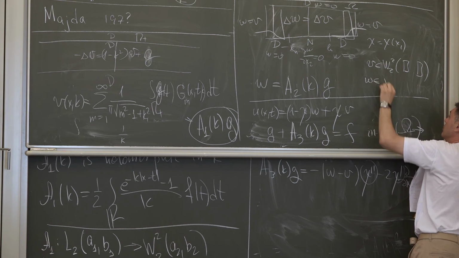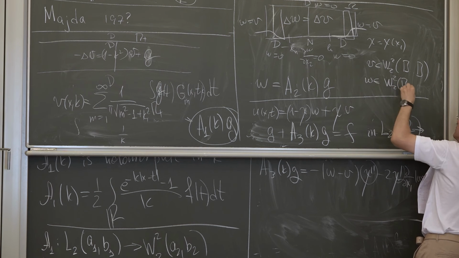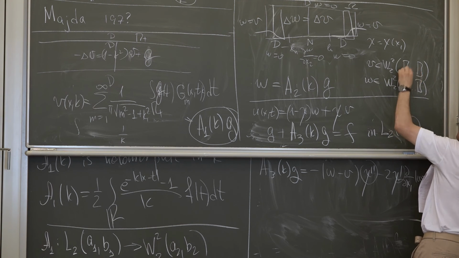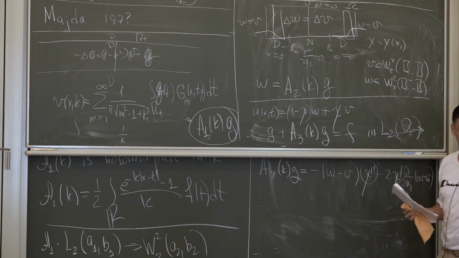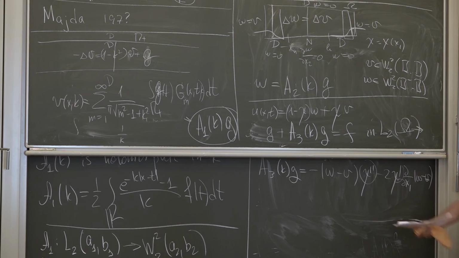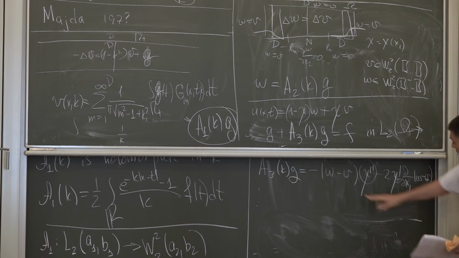And W is also an element of W22, just because of the usual regularity. But here I have only up to the first derivatives.